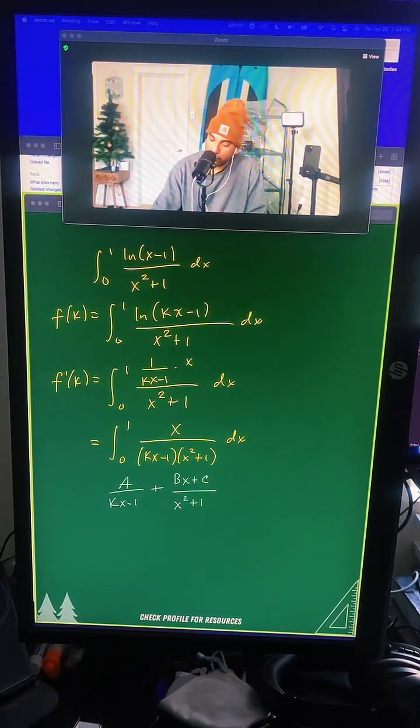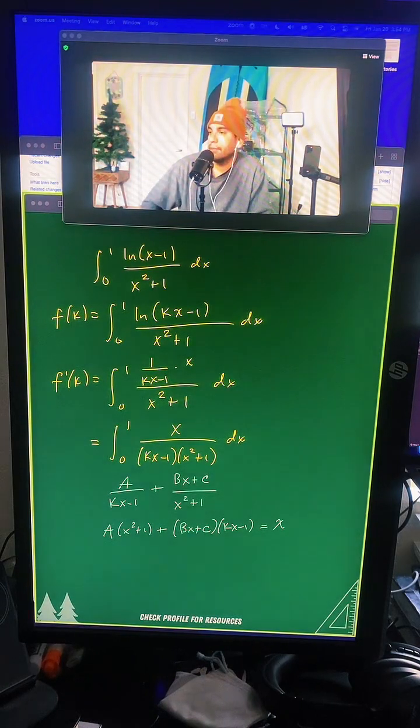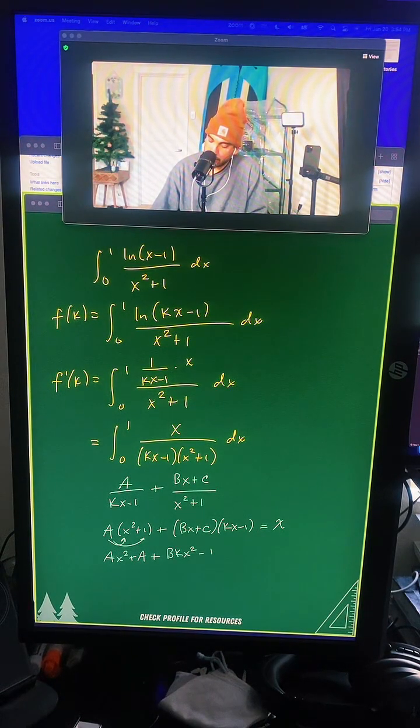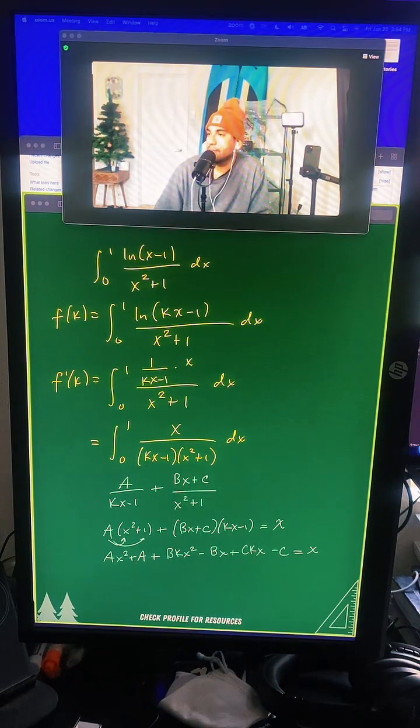If I use partial fractions here, this means that a times x squared plus 1 plus bx plus c times kx minus 1 is equal to just x. Let's distribute the a. So this is ax squared plus a plus, I have to FOIL the next part, bkx squared minus bx plus ckx minus c is equal to x.